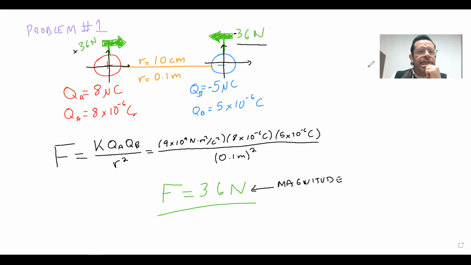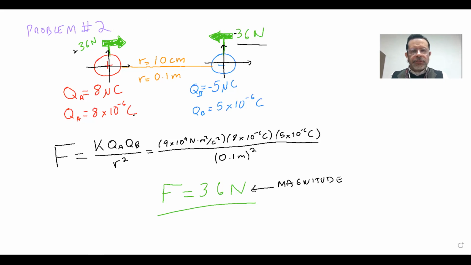I'm going to reuse some of this here, so I don't have to draw everything again. So this is going to be problem number 2.